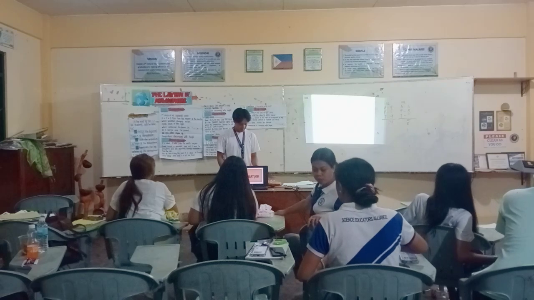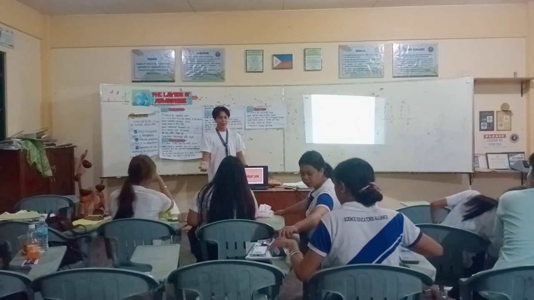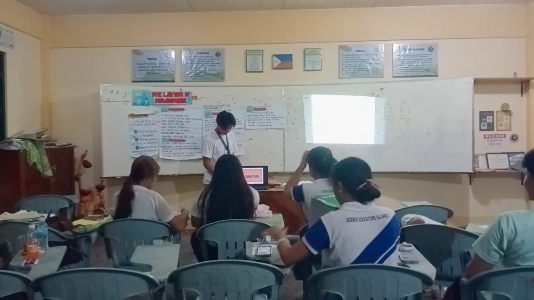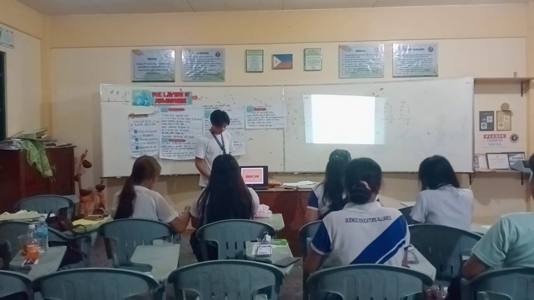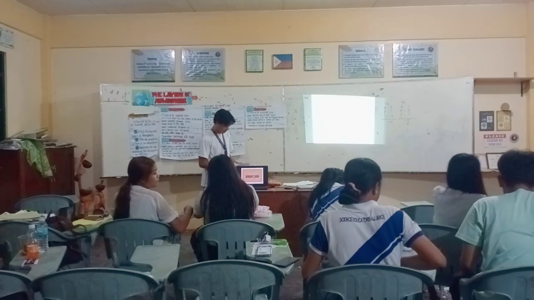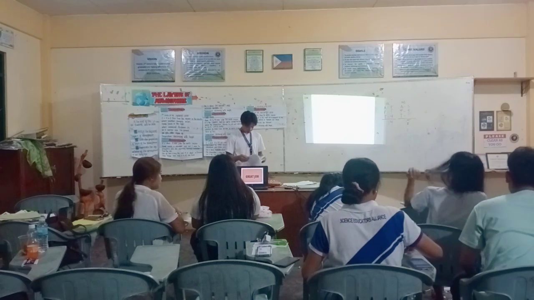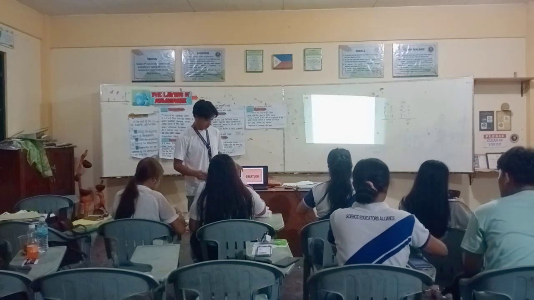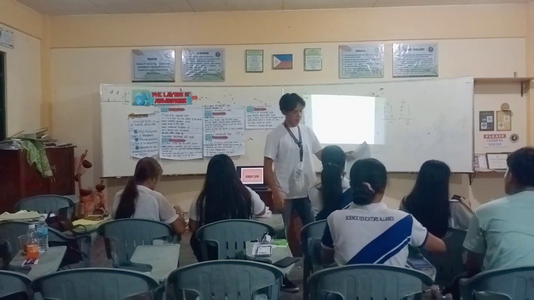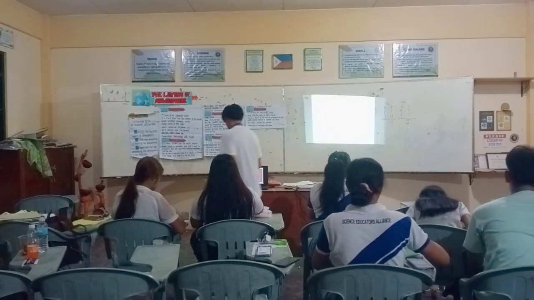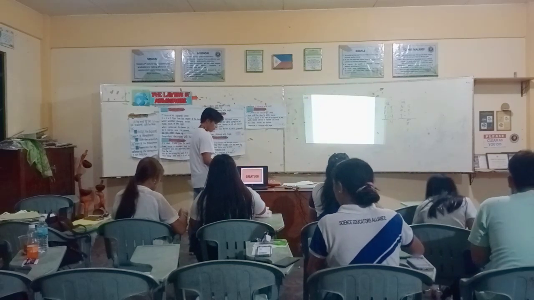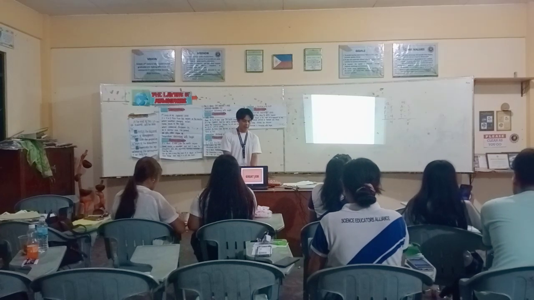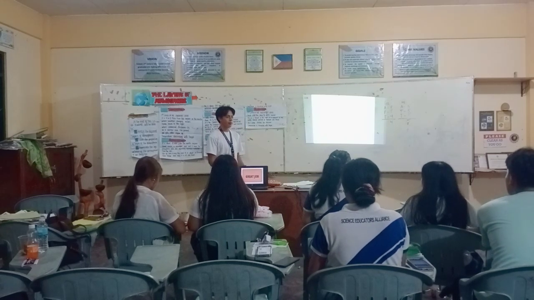So now, since you are only 6 students in this class, I will divide you into two groups. This will be group 1 and group 2. Here are the materials. We have an activity entitled Label Me.